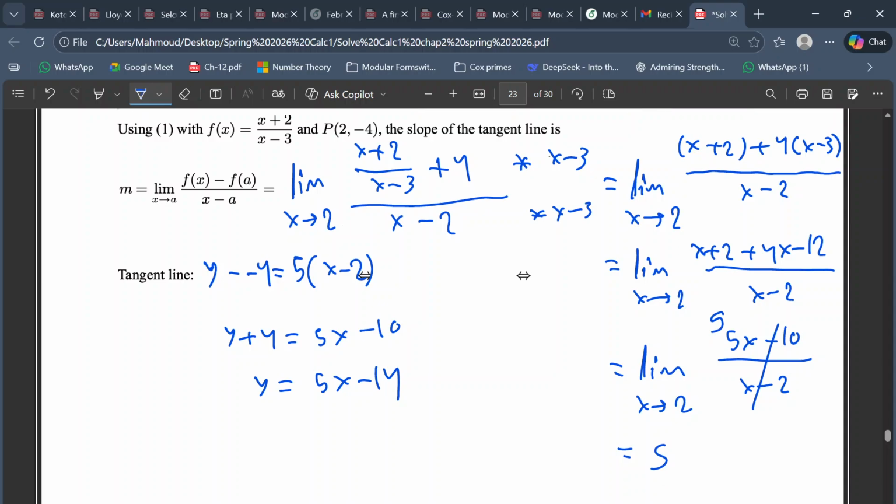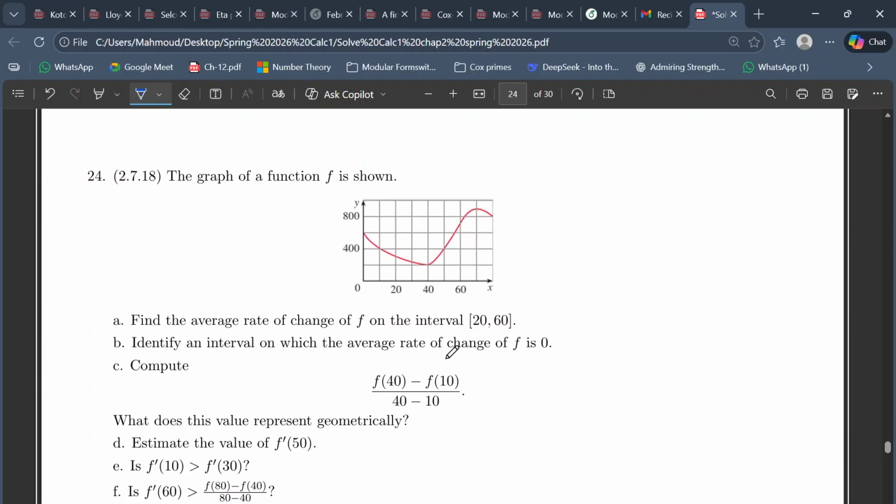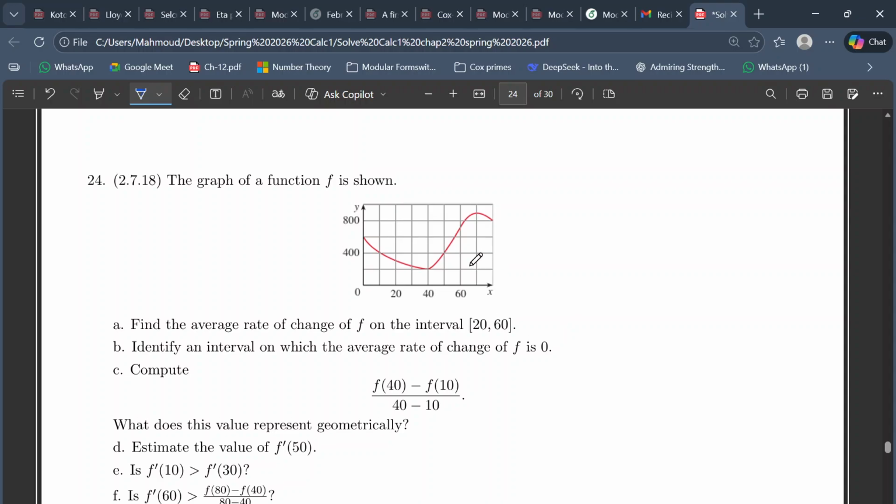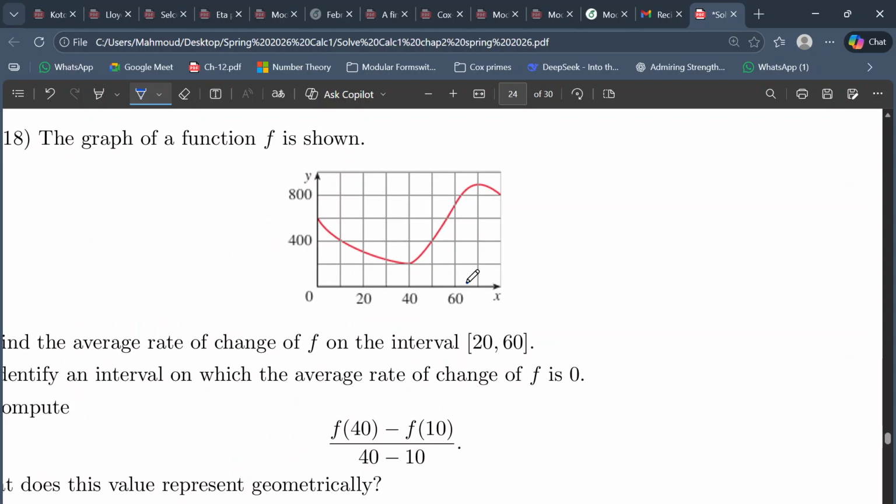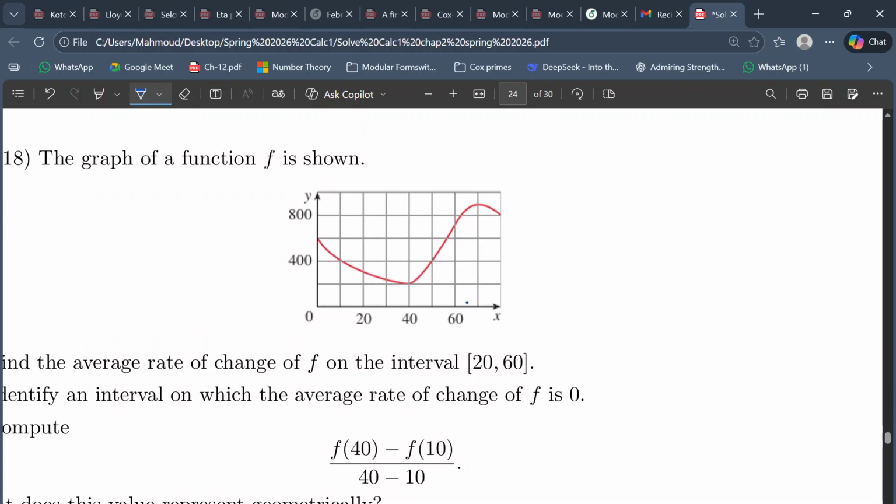Now let's continue. Let's solve the next question now. The graph of a function f is shown, okay? Find the average rate of change of f on the interval 20 to 60. How to find the average rate of change? Yes. So here we will estimate, right? You need to estimate this. What's the value here? Nearly 300, right?